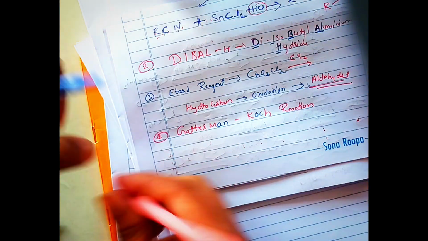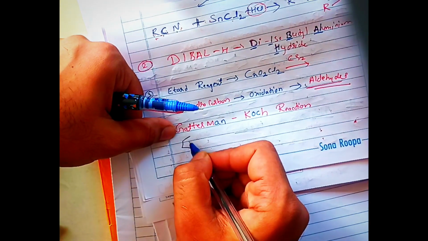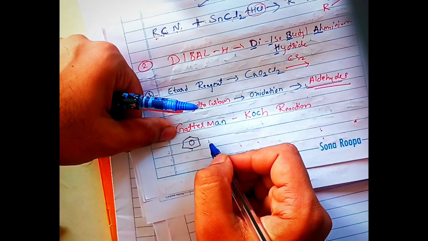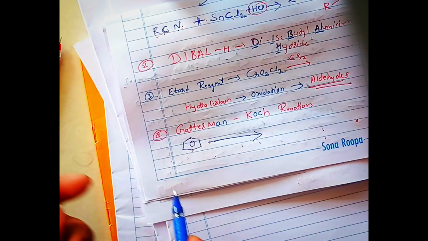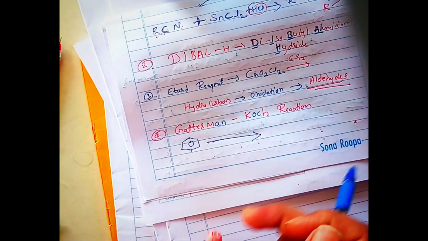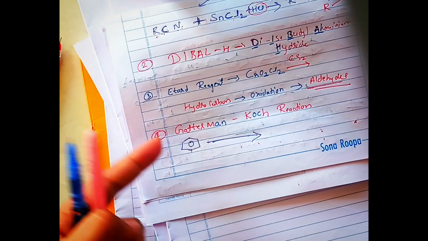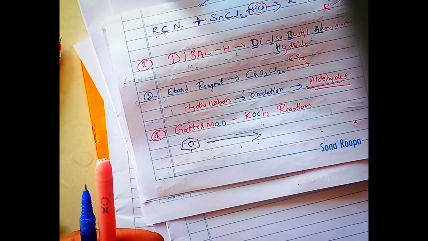So here what happened? Here the benzene ring is taken. So here the product will be aldehyde. So this is also a preparation of aldehydes.